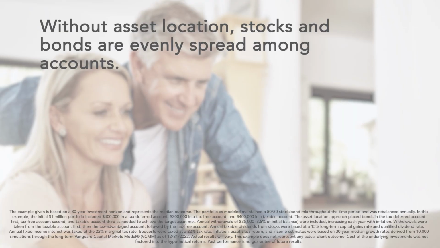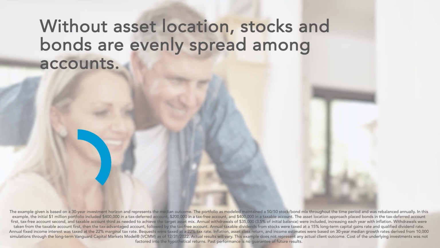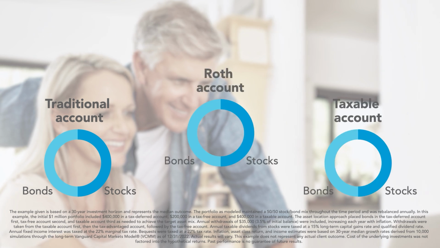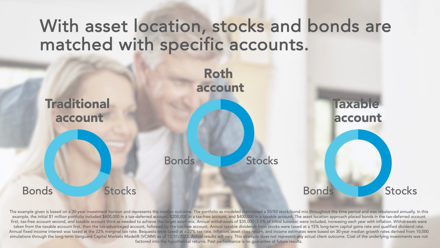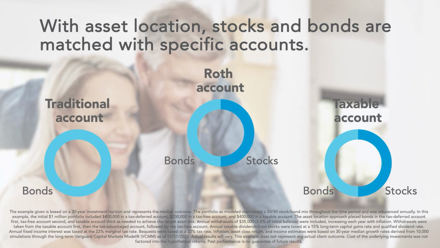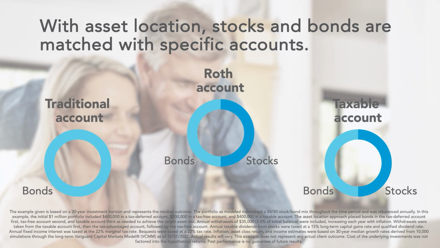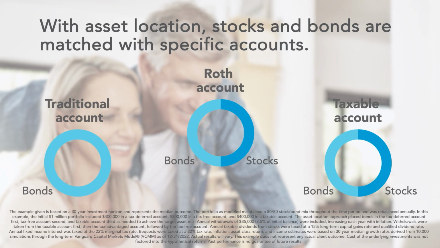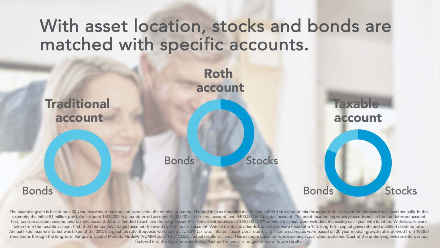You have an option to hold a 50-50 split across each of those accounts, or you can look at asset location and maybe say, hey, I'll hold my bonds in the traditional side, whatever's needed to get that 50-50 split, look at the stocks and bonds in the Roth account, and then look at more qualified dividends and long-term cap gains from stocks in the taxable account.